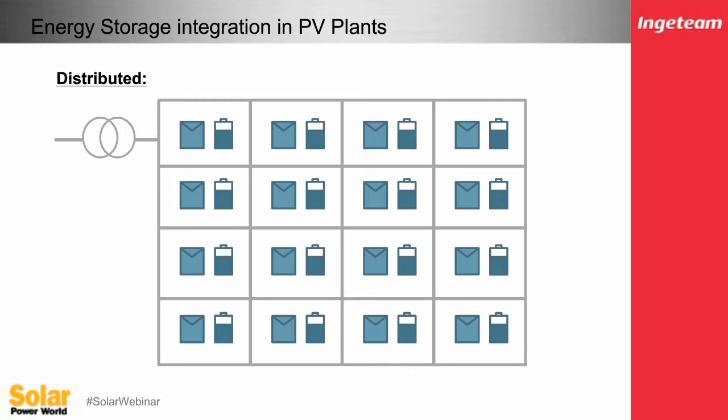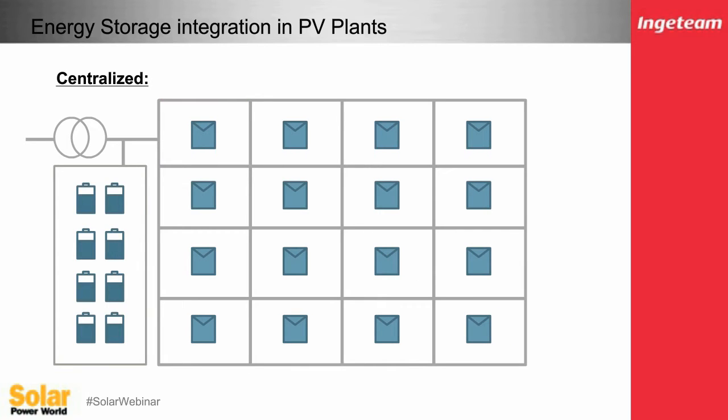Here again, each individual 1 or 2 megawatt block is considered as a distributed philosophy for connecting, versus this slide where you'd see a central system, taking the entire PV array acting as a PV connected to multiple inverters, and one singular connected system for the DC batteries.